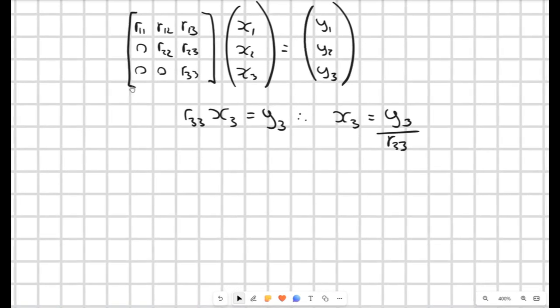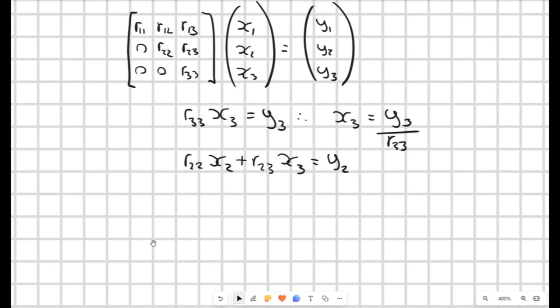Now to get the second one, we're going to look at this second row of R multiplied by this column. So we have 0 times x1 plus r22 times x2 plus r23 times x3 is equal to, on the right hand side, y2.